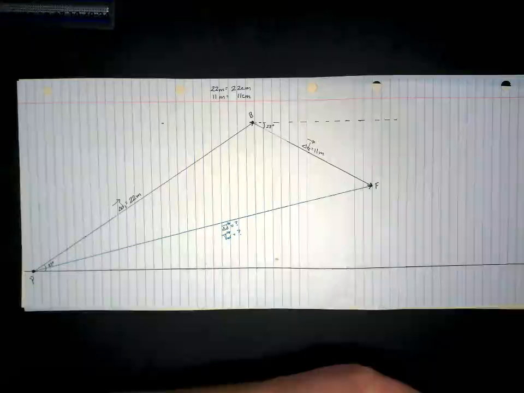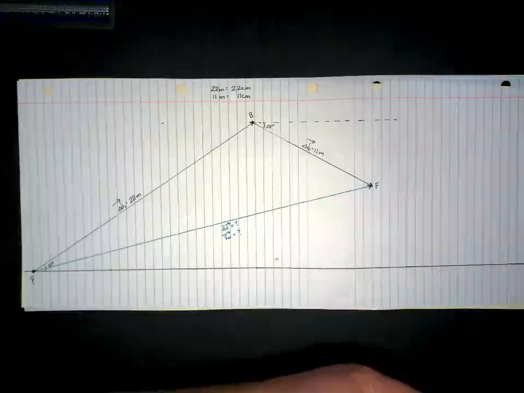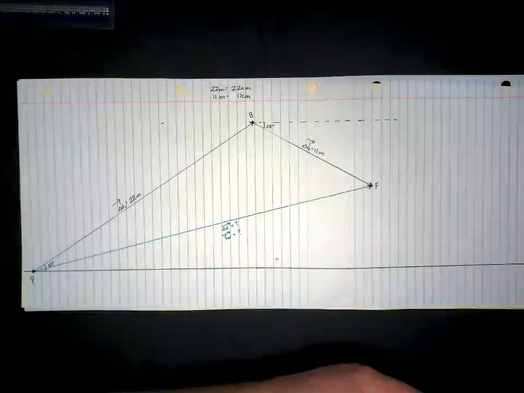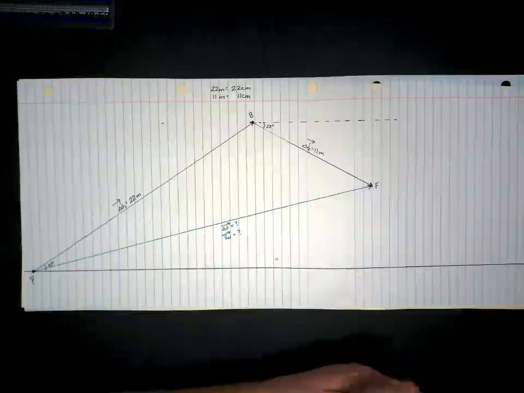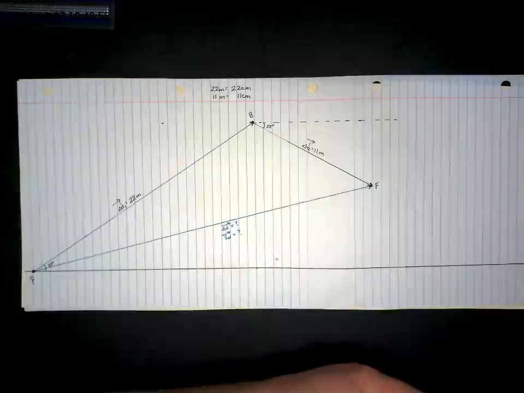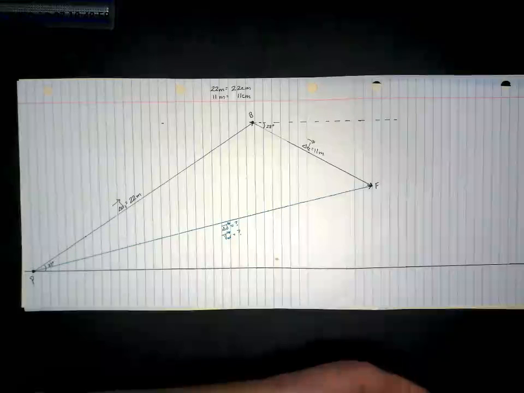But there's still some information that we don't know that we need in order to solve this. If we don't know the law of cosine or the law of sine, there are some, albeit longer, strategies where we can solve for this. So let's solve for this, guys.